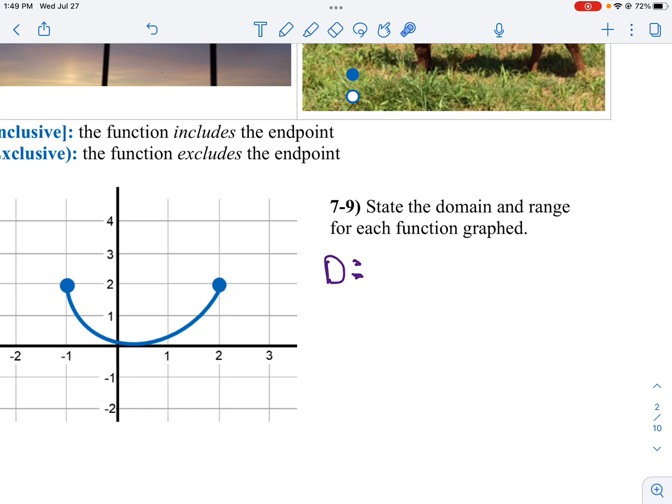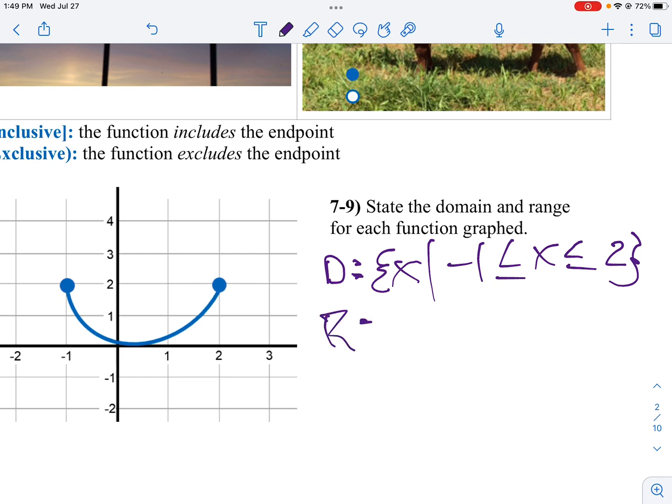It's inclusive. So I'm going to say the set of x values such that -1 is less than or equal to x, which is less than or equal to 2. Then I'll look at my range value. Notice my y value.